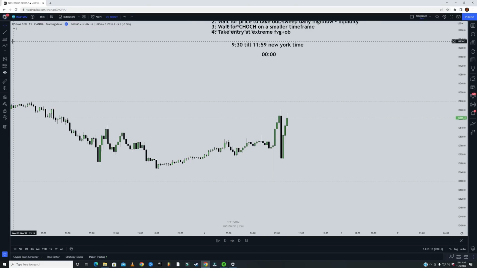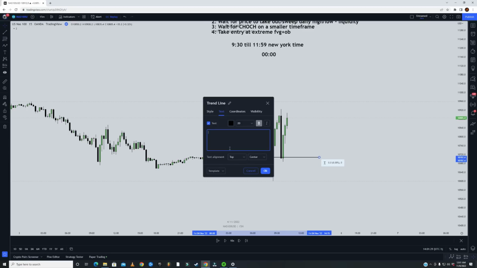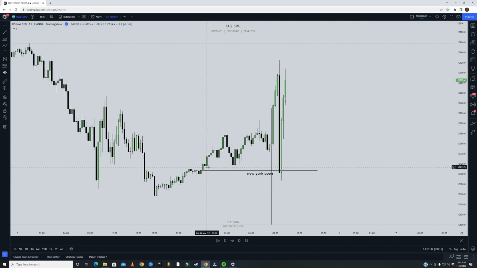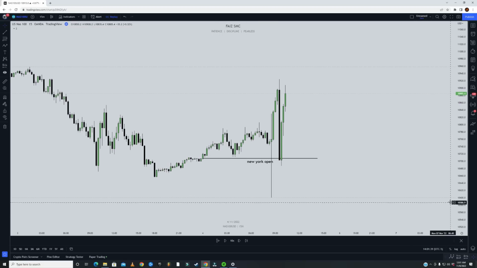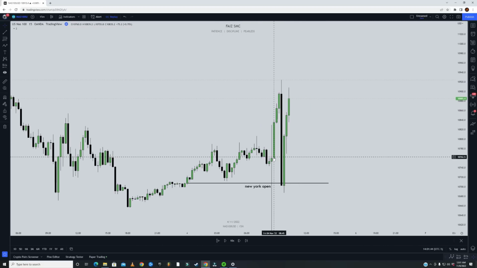For me, the open is 10707. So this is right here, our New York open. Once you have the New York open, what you want to do is identify the low and the high.